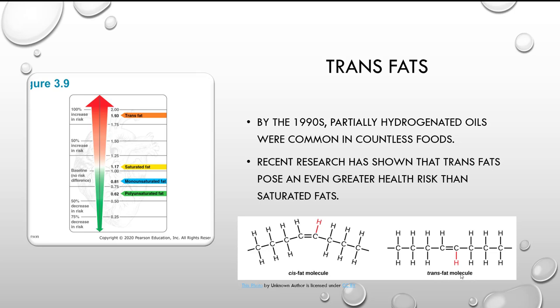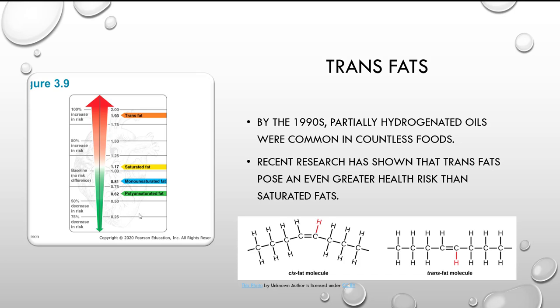But trans fats, we don't have those enzymes. Okay, our body can't recognize this, so we don't have special enzymes to break those bonds. And so they tend to accumulate in our body and cause a greater health risk than, say, a saturated fat. So you can see the health risk here.